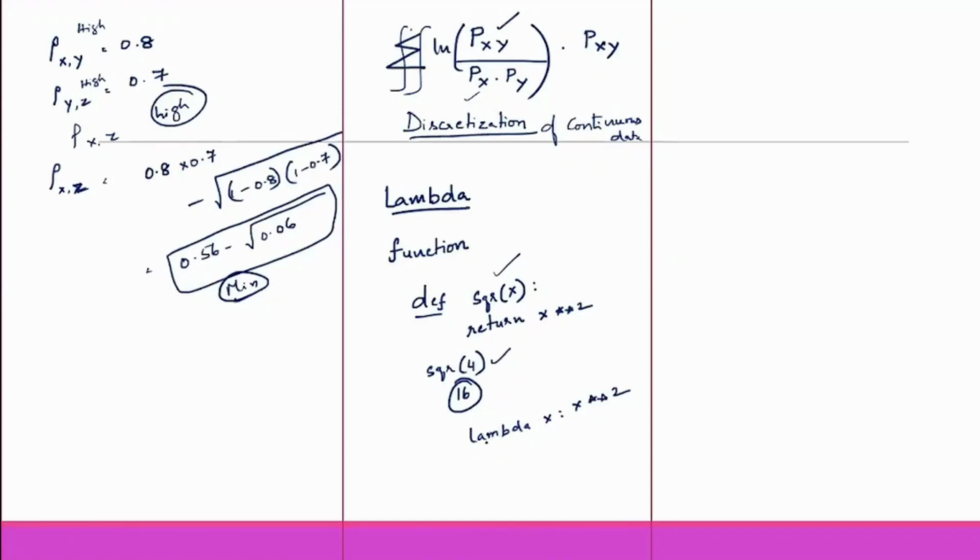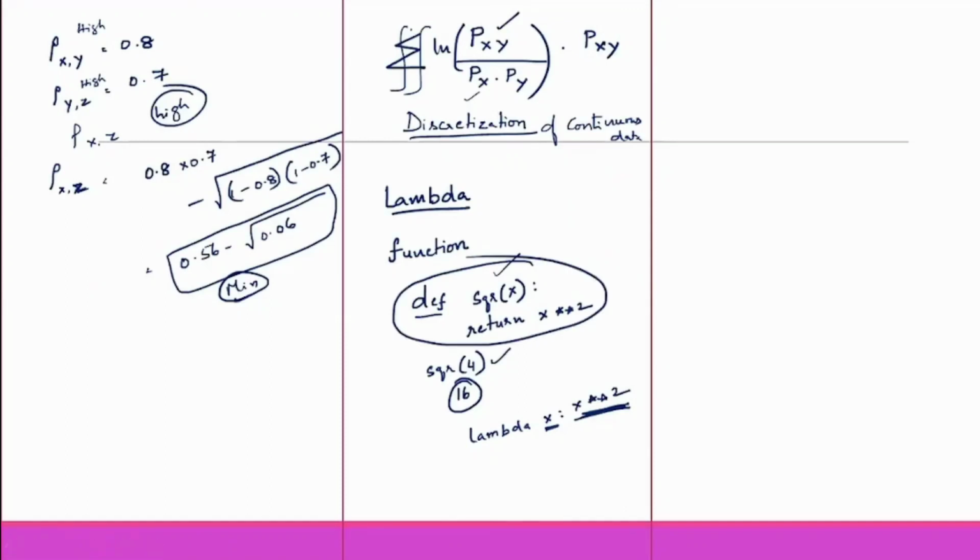So that's where you are defining your function on the fly. So for every x you return x squared. You can very well pass your values and you can get the squares directly. So you don't need to define the function separately when you are using the lambda.